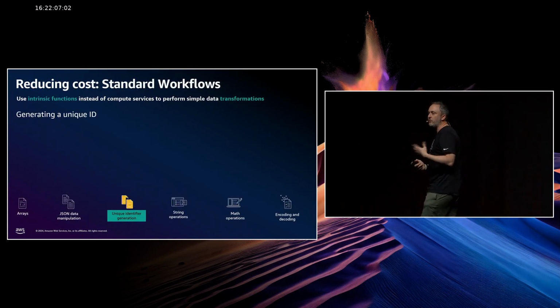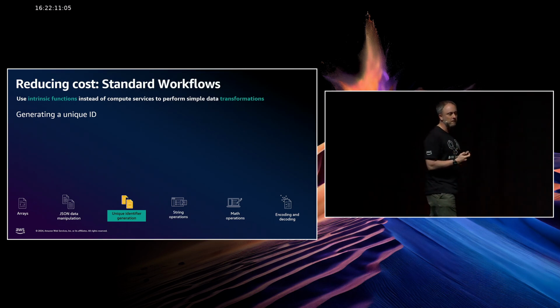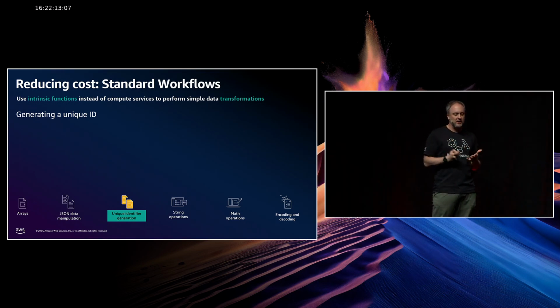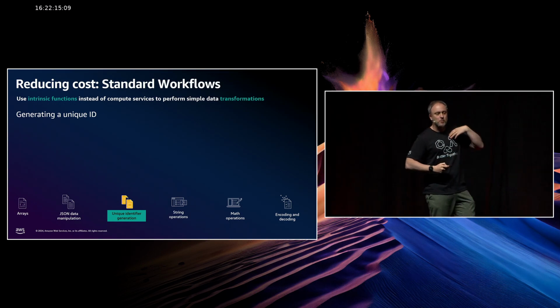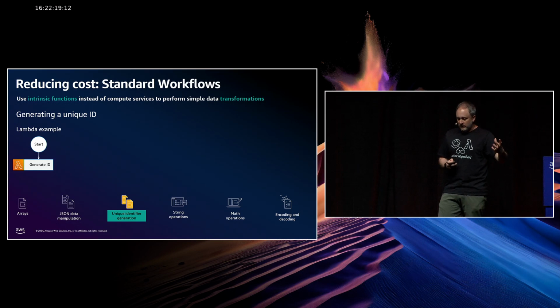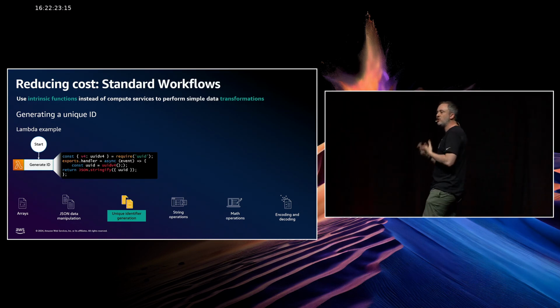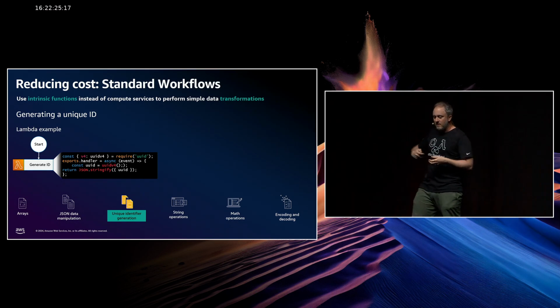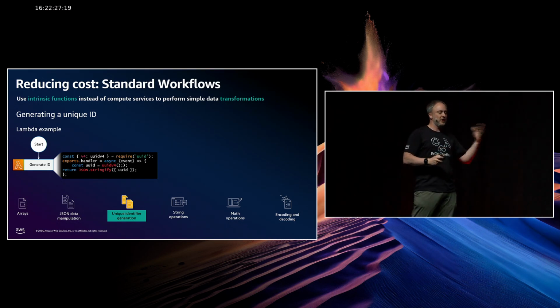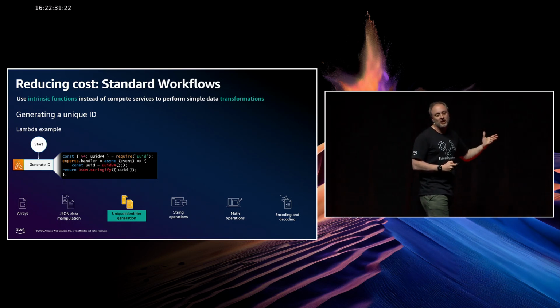Up until recently, the most requested intrinsic function was to generate a unique ID. And this is what people had to do before we introduced this intrinsic. They'd have to have a whole Lambda function that was spun up, that would have to pull in some secure library to generate that unique ID. So here's 4 lines of code just to return a unique ID and a whole Lambda invocation cost associated with that.